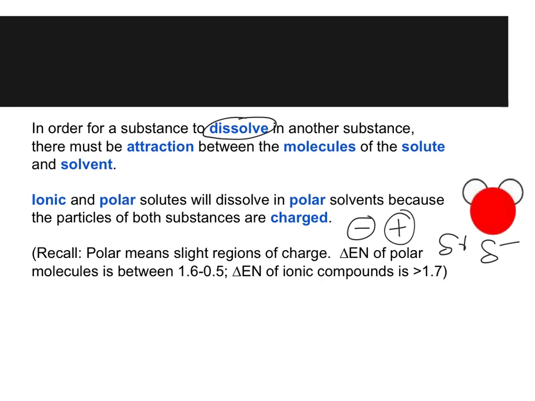So remember from our first unit that polar means slight regions of charge. So the change in electronegativity of polar molecules is somewhere between 1.6 and 0.5, and for ionic compounds, it's greater than 1.7.